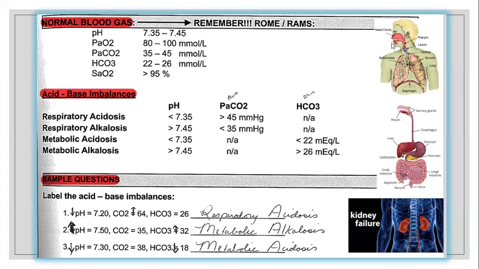If any problem is related to the lungs, like COPD, bronchial asthma, a marathon runner, it is either respiratory alkalosis or respiratory acidosis. And who can distinguish whether it is acidosis or alkalosis? The pH.